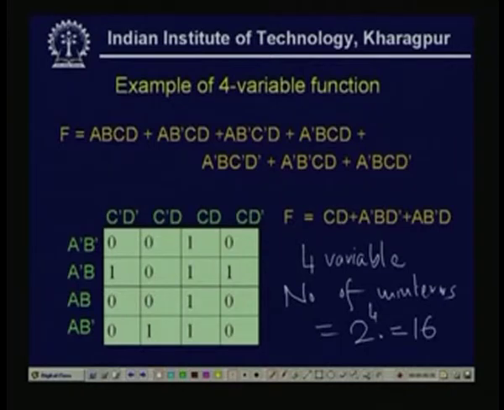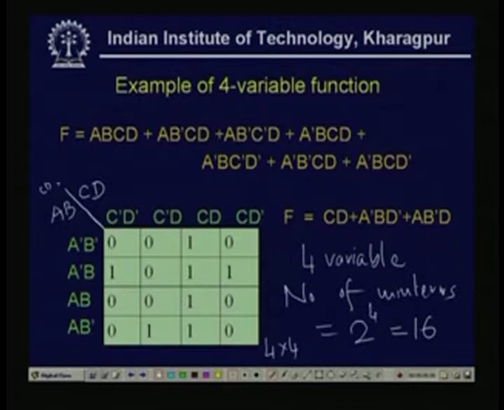So, the K-map size will be 4 by 4, meaning 16. We divide this as: for rows we give a, b, these 2 variables, and for columns we give c, d. That can be vice versa also.